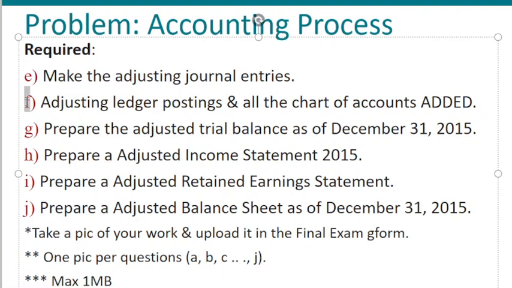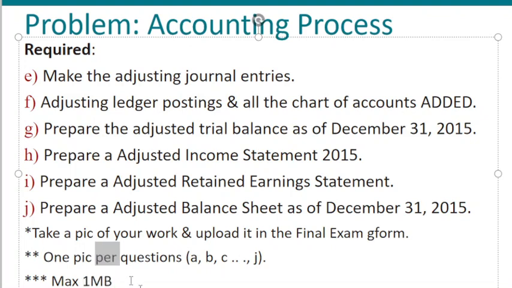Okay, for example, letter F, adjusting ledger posting and all the charts of accounts. Or just list down the charts of accounts and the numbering, and then together with the ledger posting, take a picture. One picture. Okay? So one picture here, one picture per question.